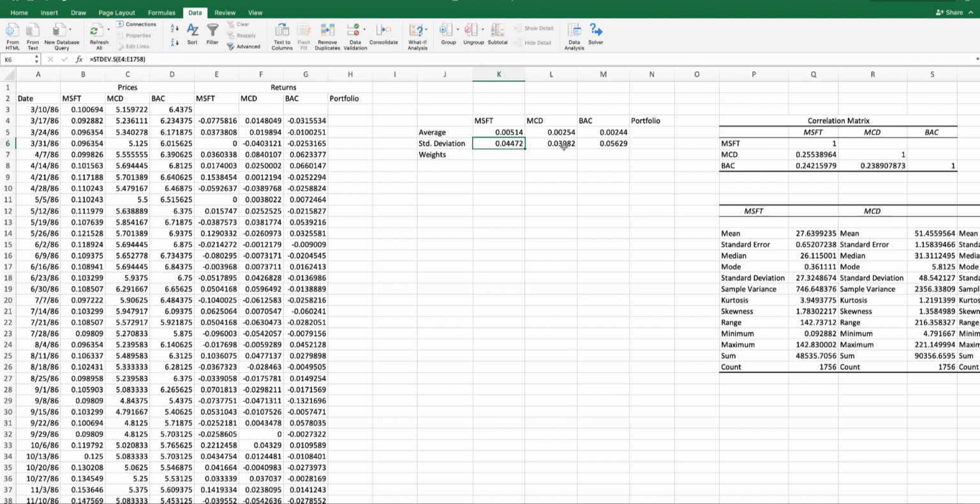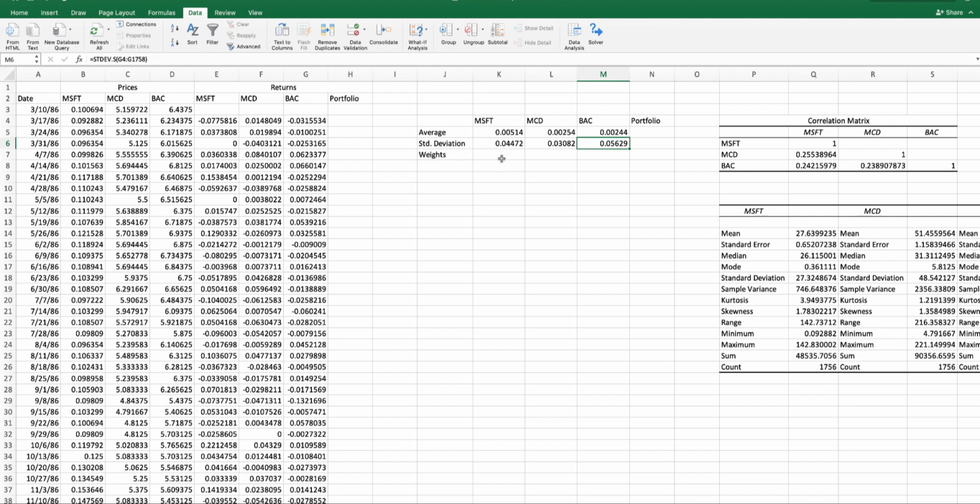If we look in terms of risk, it looks like Bank of America has the highest volatility and higher risk compared to Microsoft and McDonald's. Usually the higher the return, the higher the risk. In this case, it looks like Bank of America pays lower returns, but it also has higher risk. That doesn't always hold.